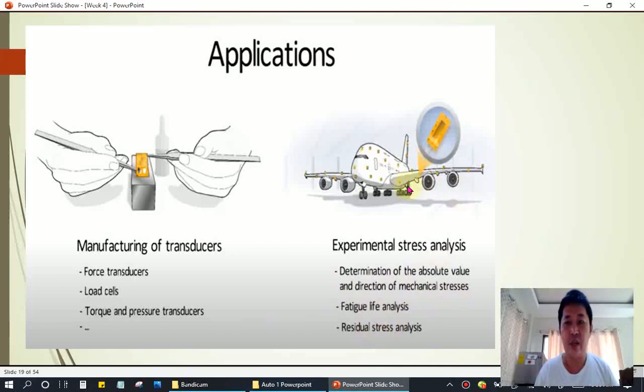stress analysis. So here in the wings of the plane or the airplane, there is a strain gauge here so that the strain of the wings of the plane, the strain of the material, can be measured, because if this strain is not measured, this material might take a lot of strain, it might be compressed or contract, or it might expand.